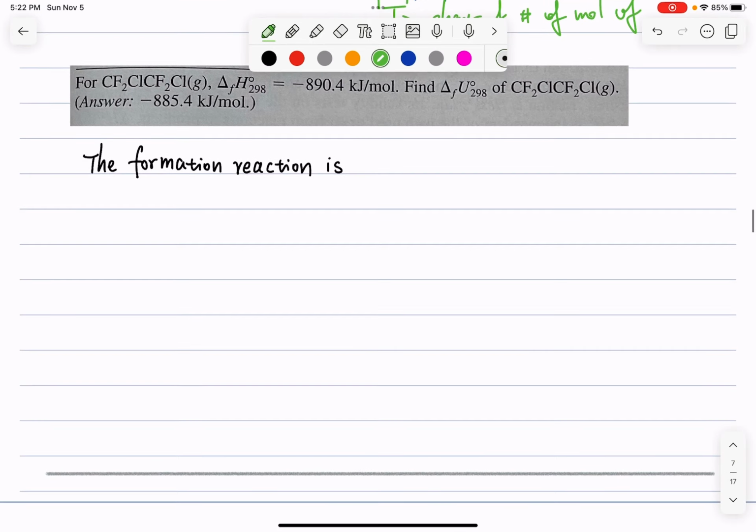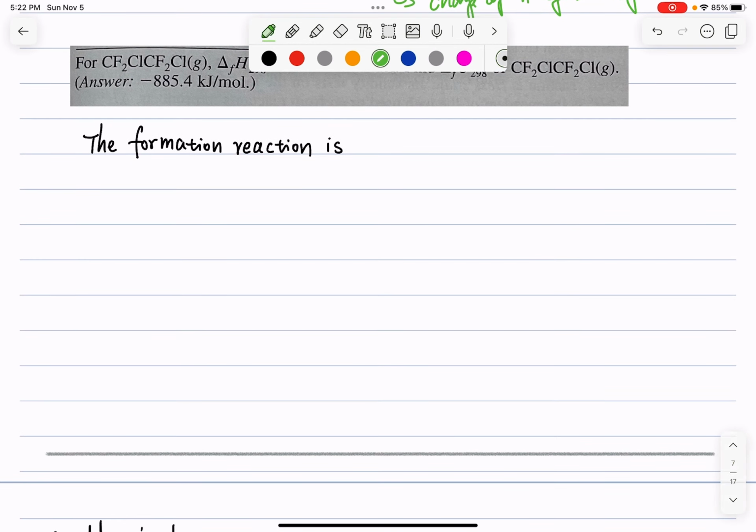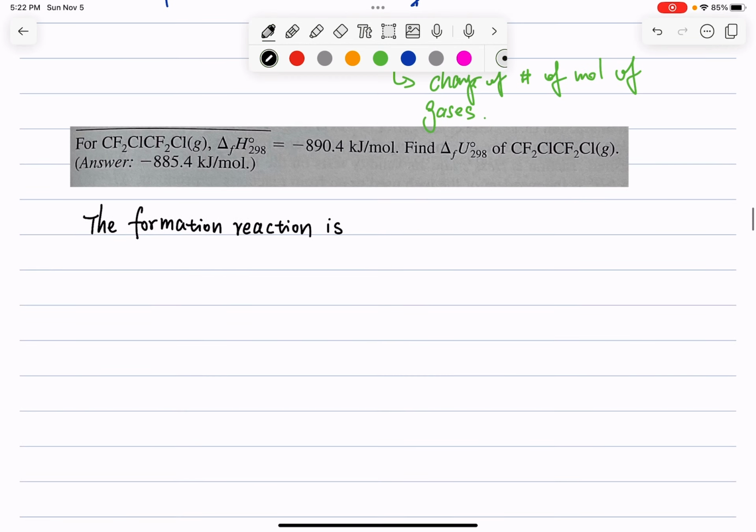All right, and let's look at an example here. The question reads, for this specific substance, CF2Cl2, I don't pretend to remember the nomenclature of this gas, we have its heat of formation equal to negative 890.4 kilojoule per mole.